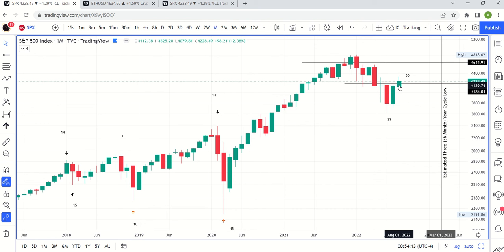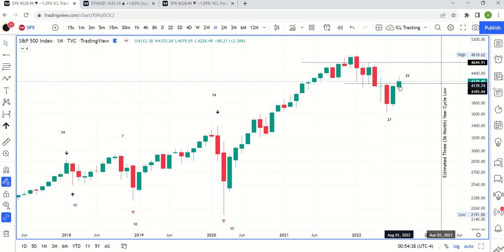If we lose the 4100 area, that also means the monthly chart goes red. This is how the multi-time frame analysis works. Once you're red on multiple time frames, especially the highest time frame, that's a really important bearish signal. And so we have very clear, important levels to watch, which is the good news.